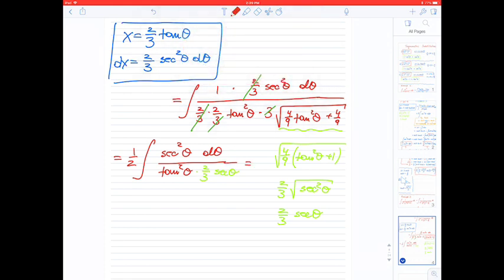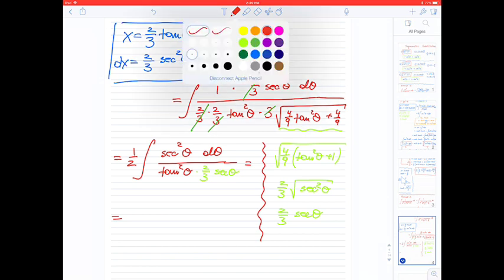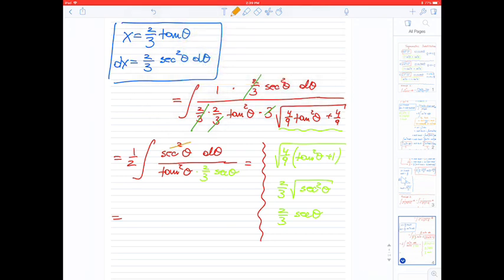That means we can simplify what we can simplify. Secant and secant, and 1/2 divided by 2/3 will actually be 3 over 4.